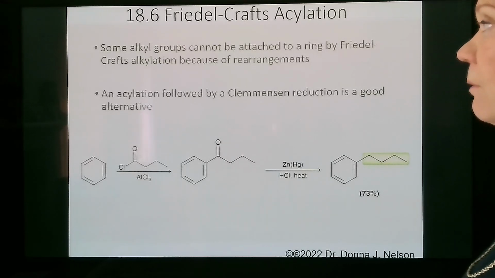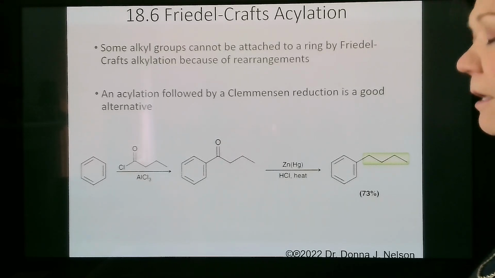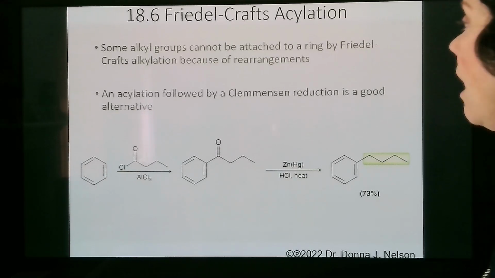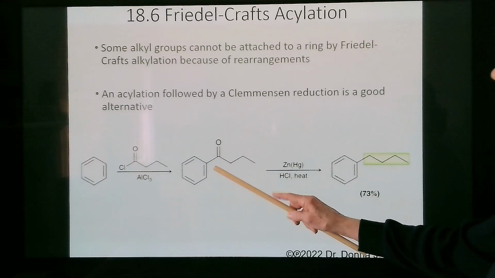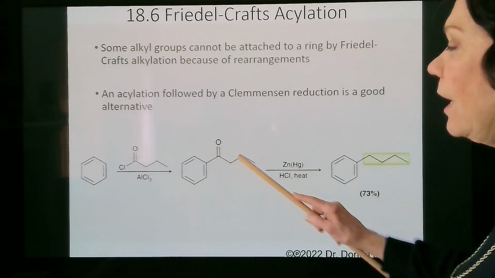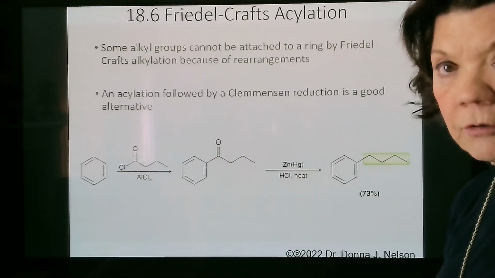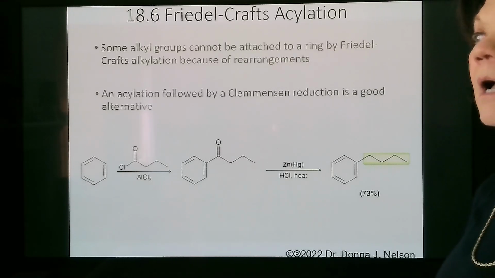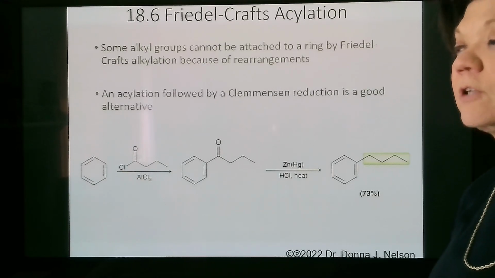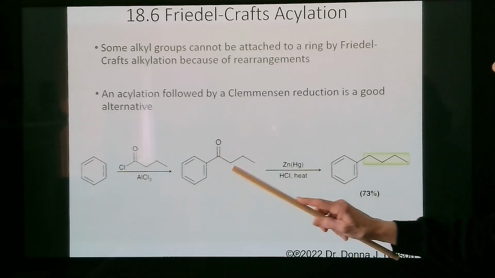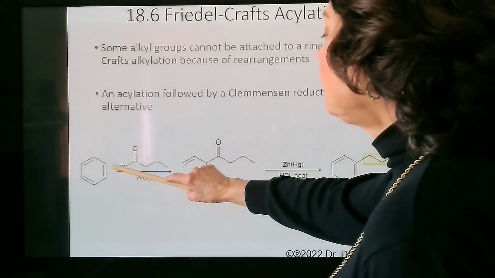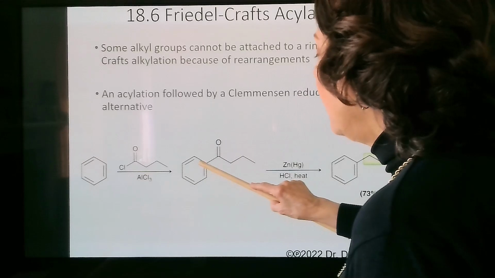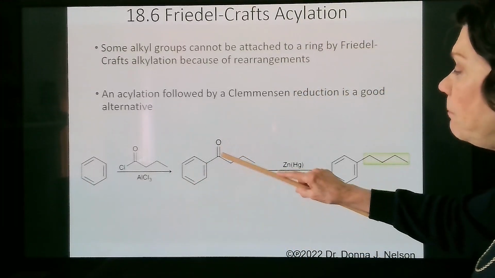And you remember that we were saying that there was an instance in which a primary alkyl group could not become attached to the ring. The primary alkyl group was rearranging to a secondary alkyl group. And so multiple products were being obtained in that Friedel-Crafts alkylation. So now you can see this acylation gives you the acyl group attached to the benzene ring. And this can be reduced.